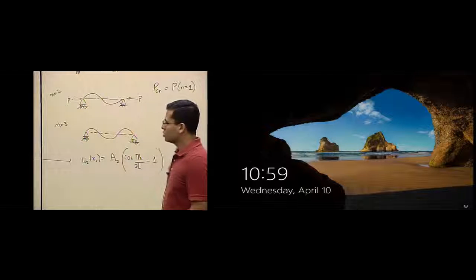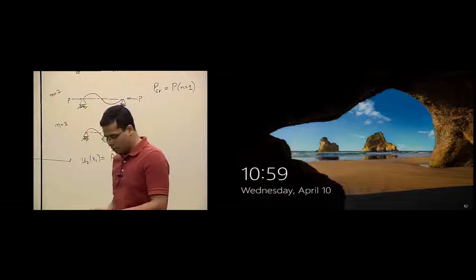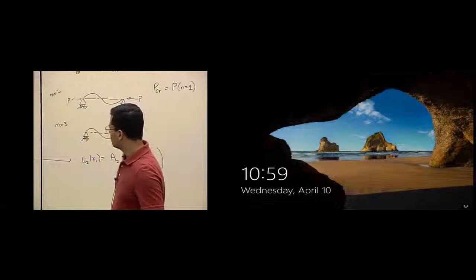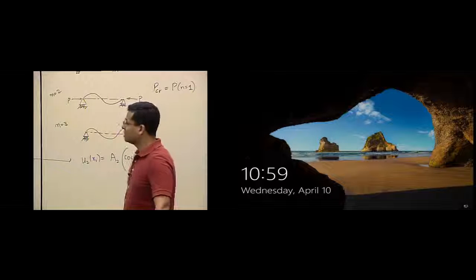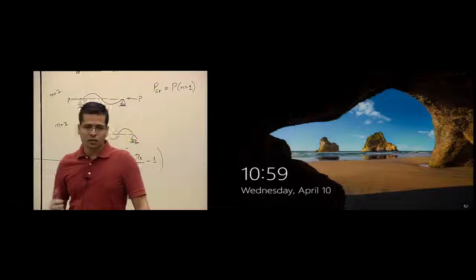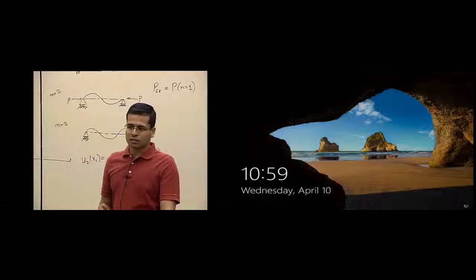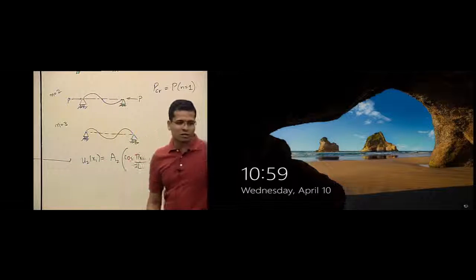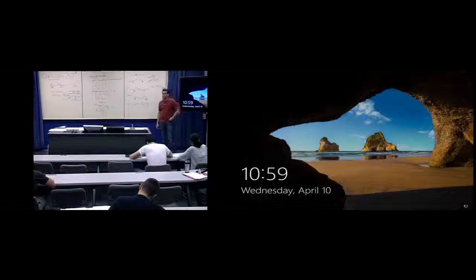So we discussed two cases, one of a simply supported beam and one of a cantilever beam. The key points are that the governing differential equation is changed because you now have the contribution of the axially applied load, right? So the axial compressive load enters the governing differential equation for a beam in buckling.